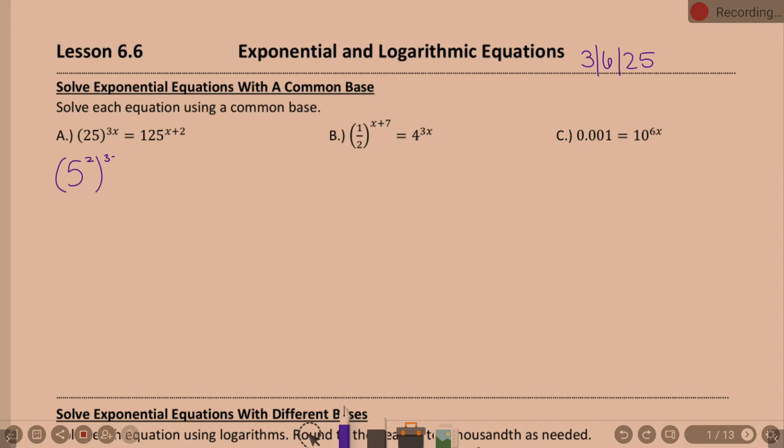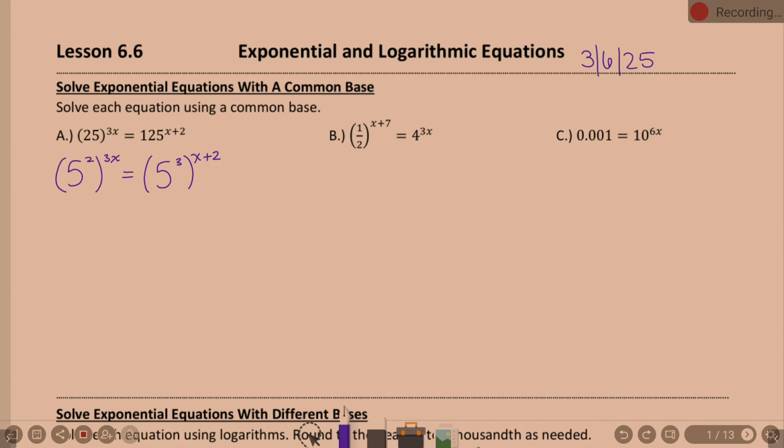So I'm going to write this as 5 to the second raised to the 3x equals, and what did you say about 125? That is 5 to the third raised to the x plus 2. So I can get these both with the same base.